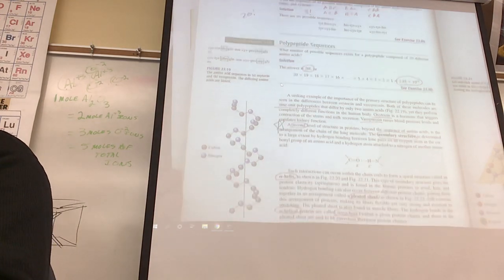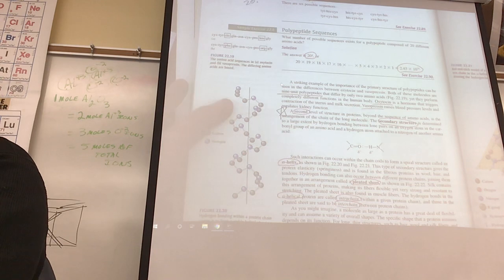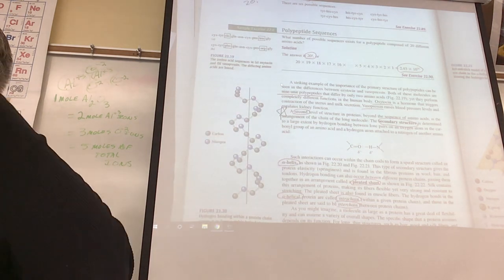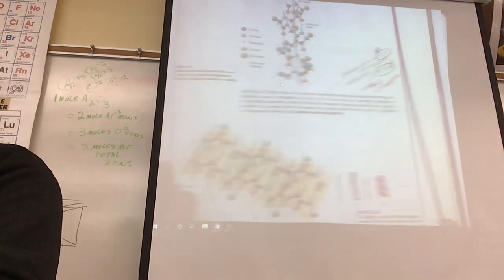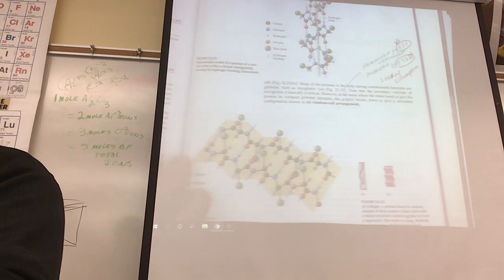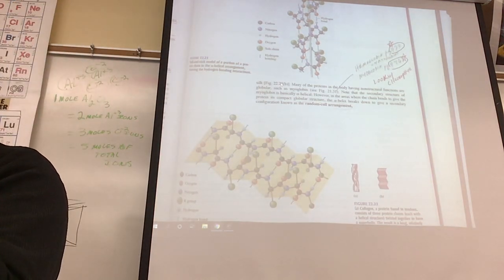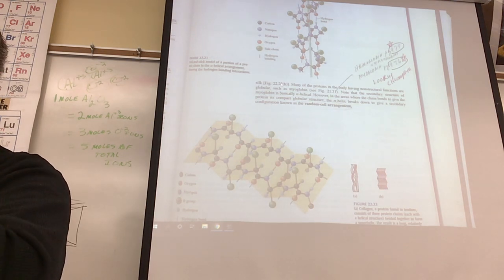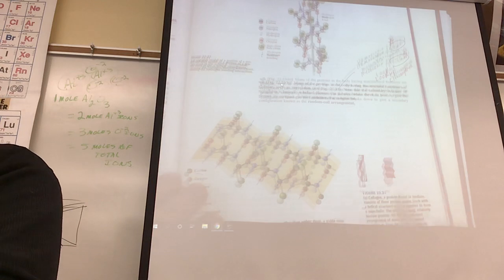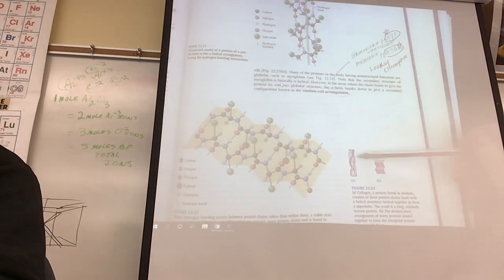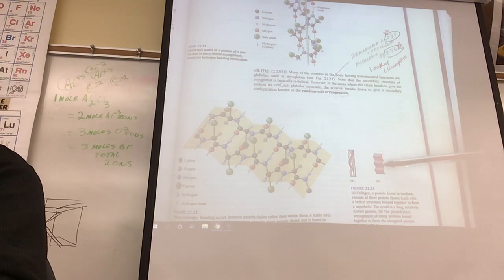Okay, so I'm going to show you one more thing here. First of all, the primary structure we talked about is just a sequence of amino acids, which can be lots of sequences. Now, the second structure is called the secondary structure. Once you get this long chain, remember the R groups, some are polar and some non-polar? They actually start attracting each other, and they start bending themselves into the two main shapes they can get into: a helix or a pleated sheet.